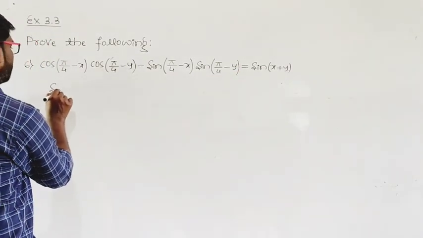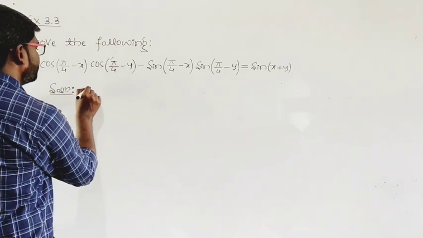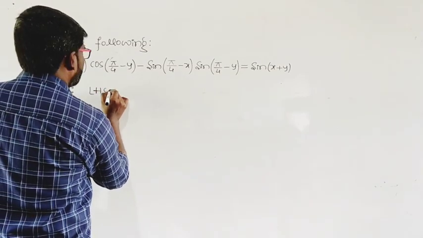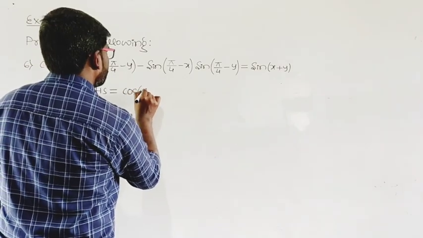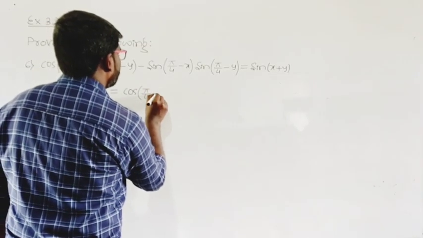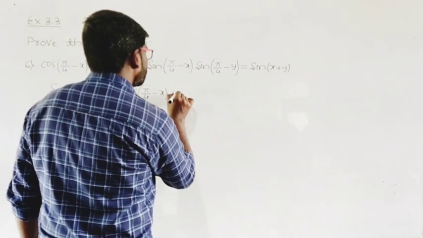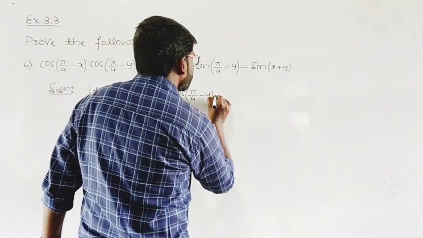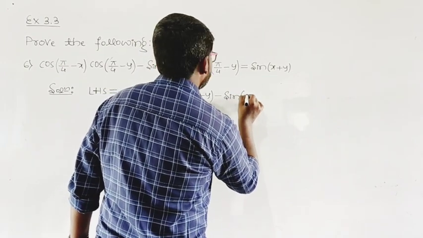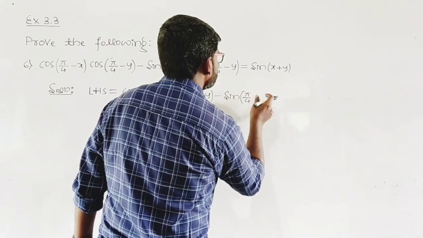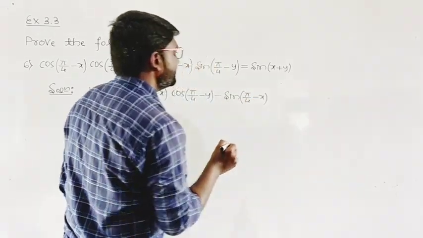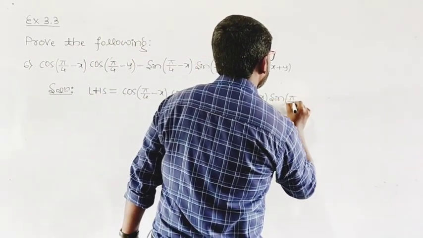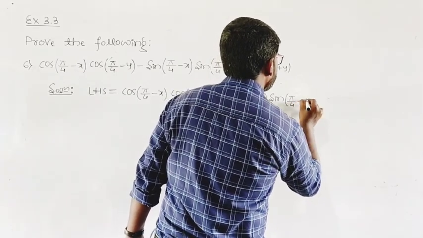So here, LHS equals cos of pi by 4 minus x into cos of pi by 4 minus y, minus sin of pi by 4 minus x into sin of pi by 4 minus y.